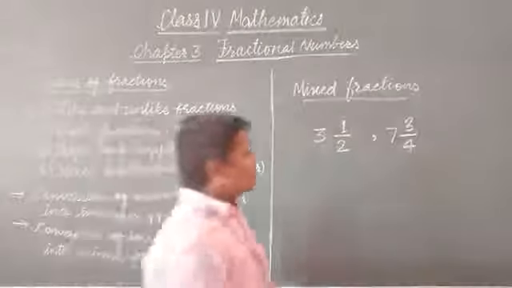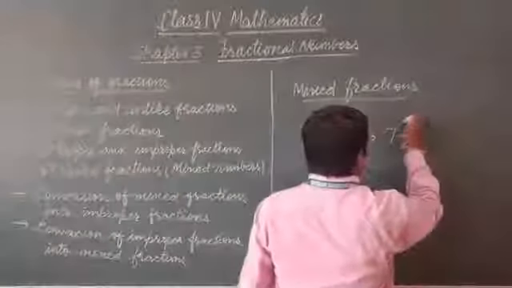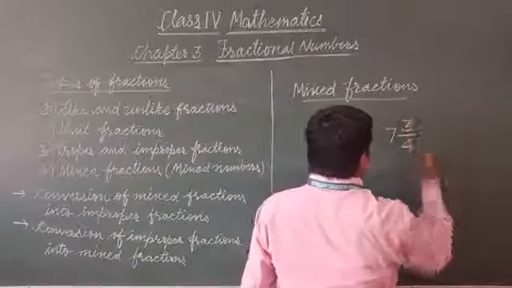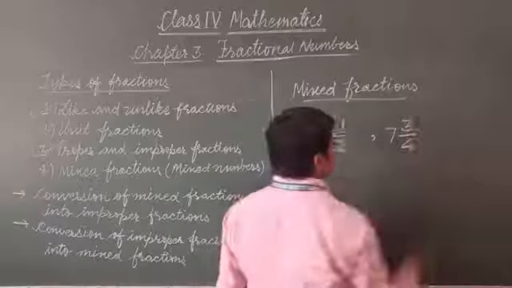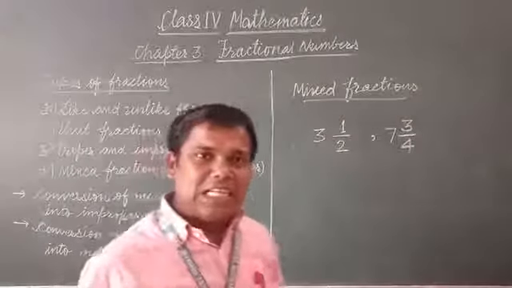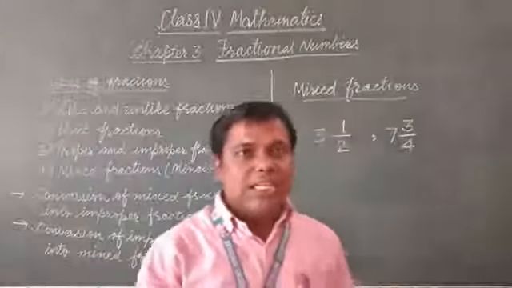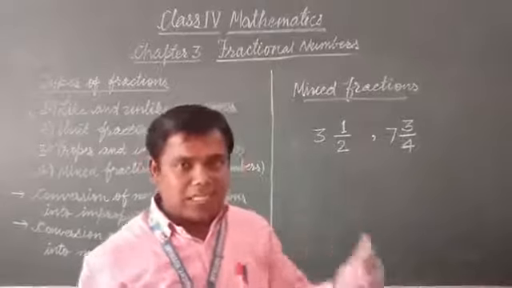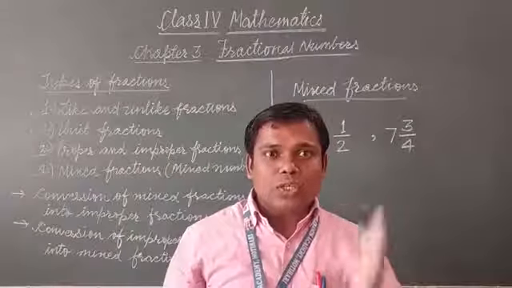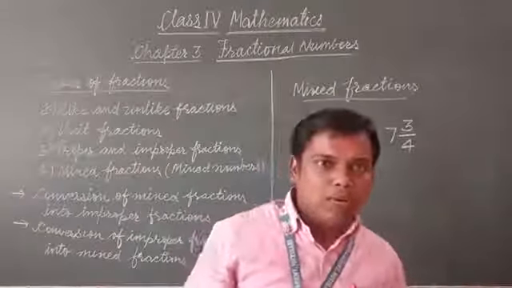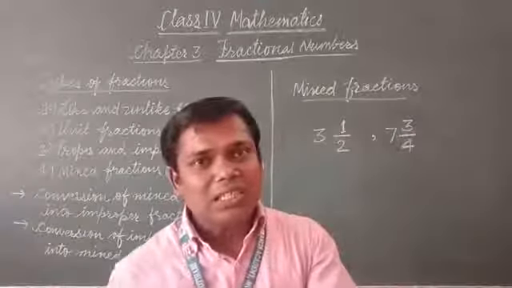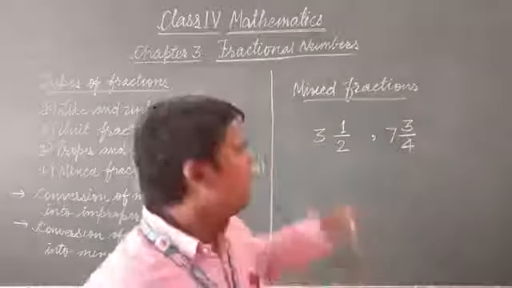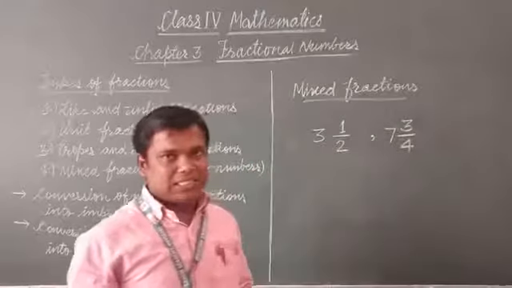It is also an example of a mixed fraction. Once again, a fraction which is a combination of a whole number with a proper fraction is called a mixed fraction.